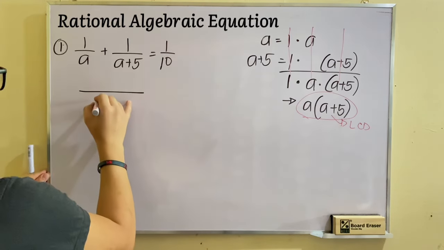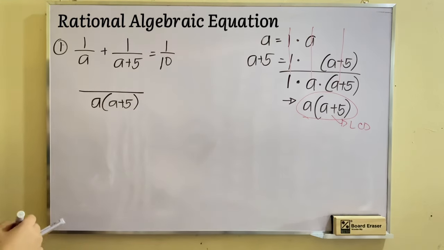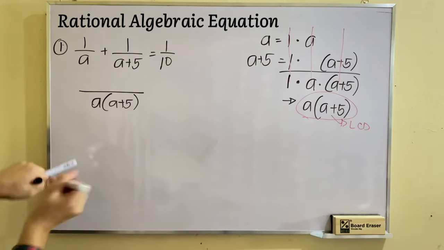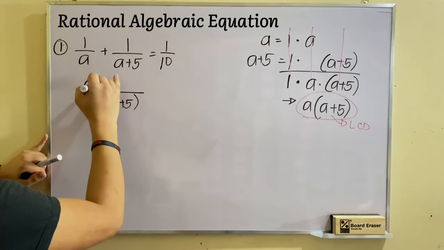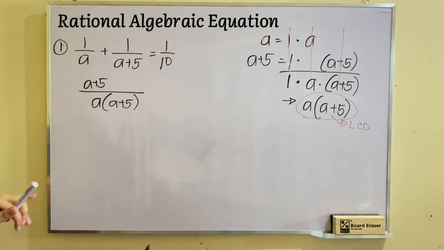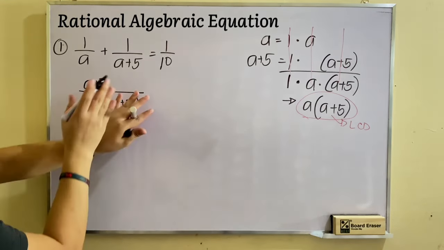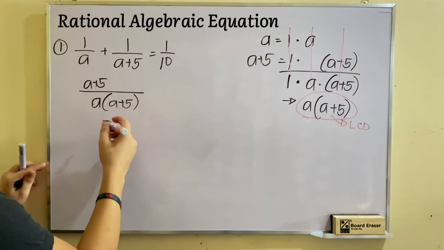After nating mahanap si LCD, so maaari na natin itong i-express as a single ratio. Having LCD, a times a plus 5. A times a plus 5 divided by a is, kung alisin si a, ang matitira, a plus 5. Then, a times a plus 5 divided by a plus 5. So, kung iharangan natin si a plus 5, ang matitira, si a lang.